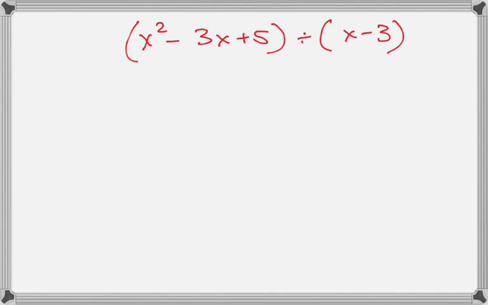Something I can make up is division of a binomial. Let's review this again. For example, x squared minus 3x plus 5 divided by x minus 3.